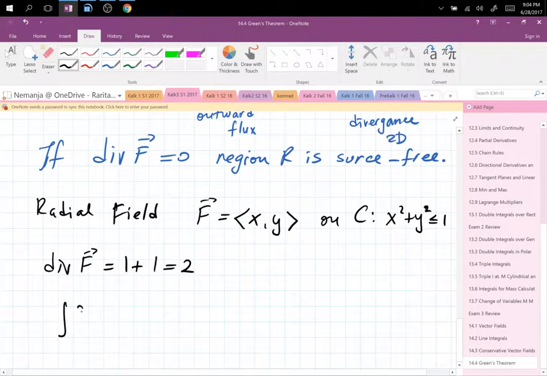We will set this in the, again, polar coordinates integral because we have circle as C. So you saw me earlier, if I have a square or a rectangle, I use X and Y. If I have a circle or a flower or annulus or cardioid, I will be using polar coordinates. That should be common sense by now. Our radius is 0 to 1. And 0 to 2 pi, it's the entire circle.